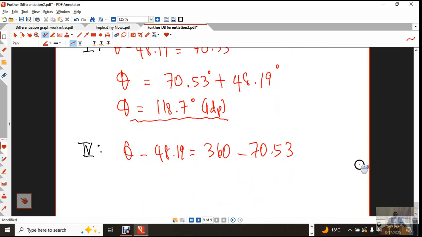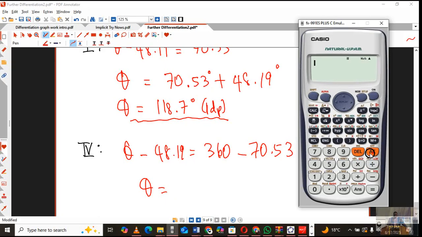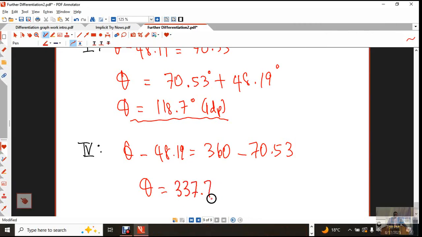Then our theta is going to be, I'm just going to use my calculator, 360 minus 70.53. And once we get that answer, we're going to add 48.19, and I believe we get 337.7 degrees, also correct to 1 decimal place.